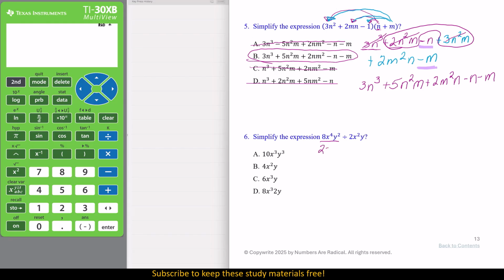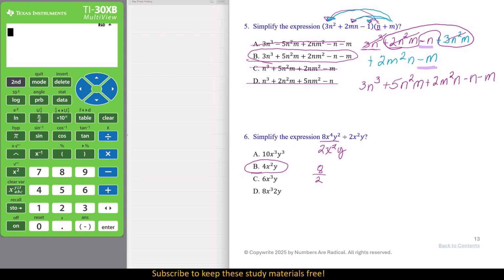I'm going to say 2x squared y. For this, we go through that subtraction with exponents, but we're dividing. So 8 divided by 2 is 4. Well, we only have one option that says 4.